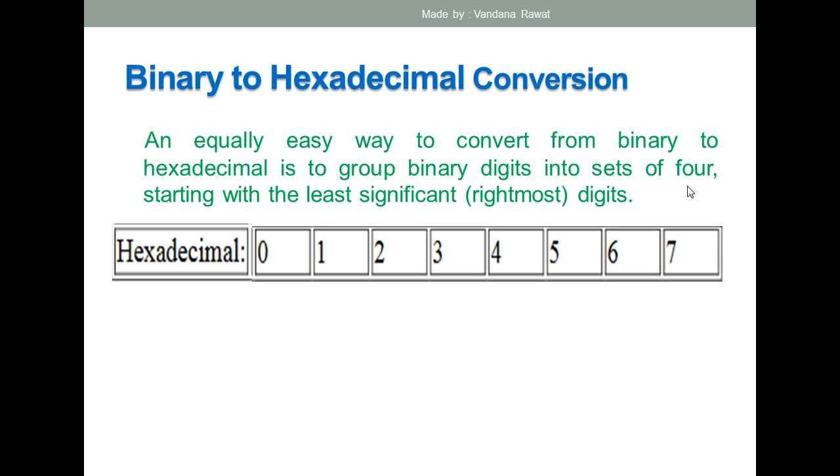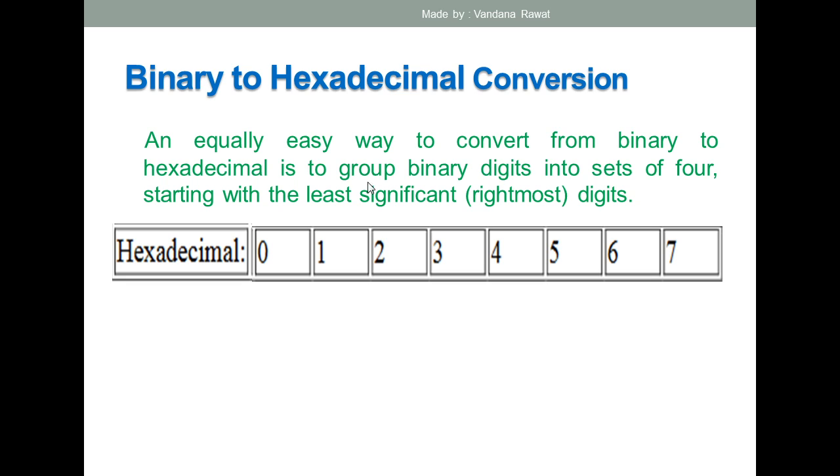But now, for hexadecimal, you have to represent the number in binary using 4 digits, that is, into sets of 4. So in this case, we will make groups of binary digits, but into sets of 4.